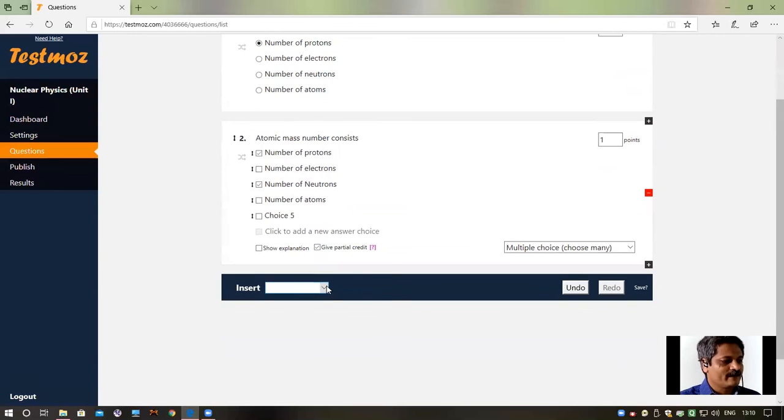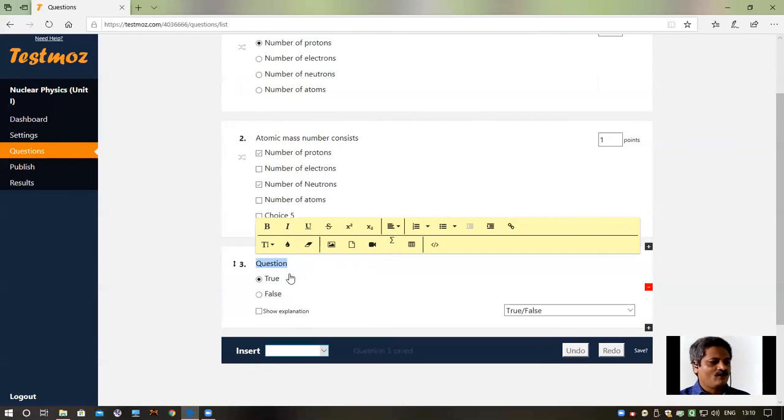Now go to the next type of question, true or false. We type here: number of protons and neutrons are known as atomic mass number.